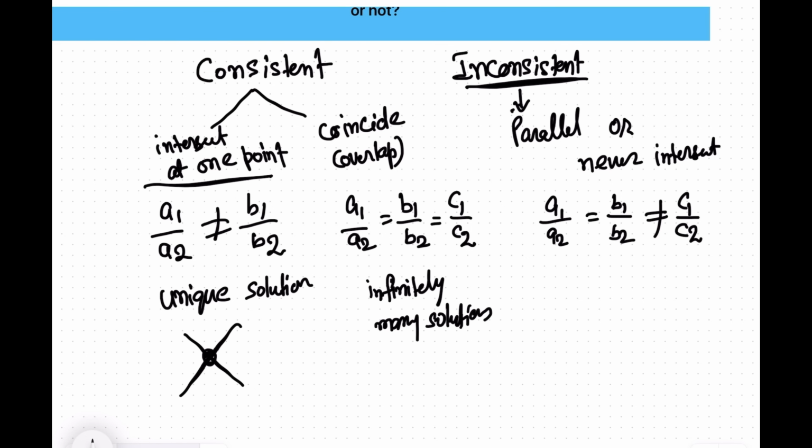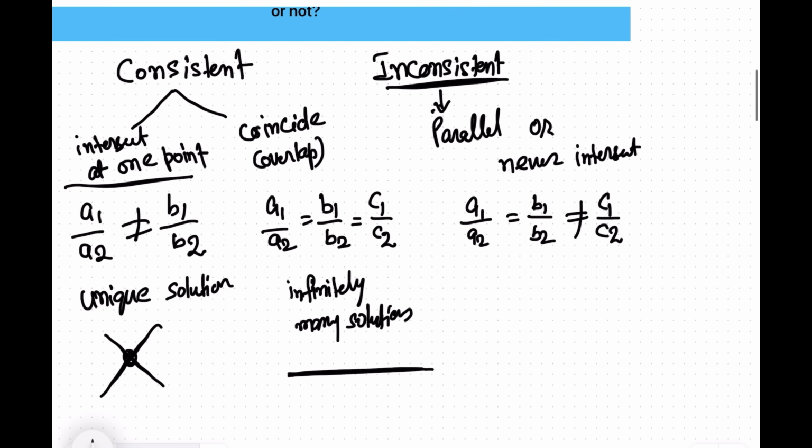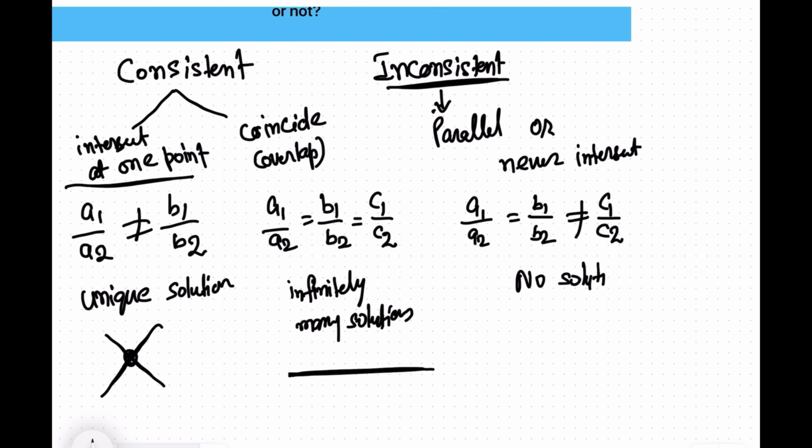So the graphical methods we can say two lines are identical, like overlap, like on each other, right? And the condition where inconsistent when you're talking about the parallel, so there is no solution, okay, no solution exists. Over here, the graphical condition is two lines are parallel to each other.